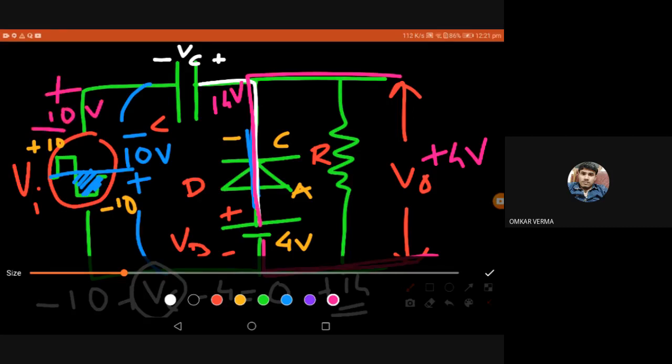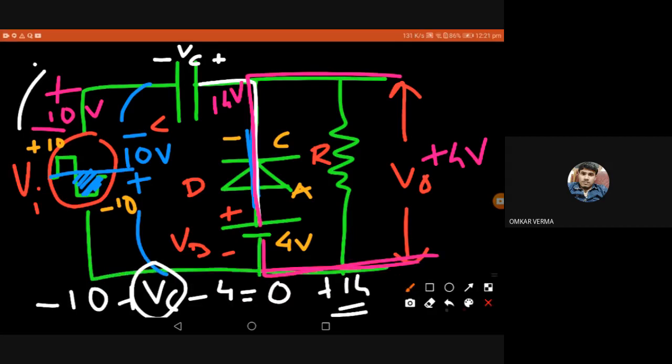So you can see both will be adding on to each other. If you see the direction here also, you can see minus plus, minus plus. So what will be the output? Here will be plus, here will be minus. That will be V0. How much? 14 plus 10, 24 volt.